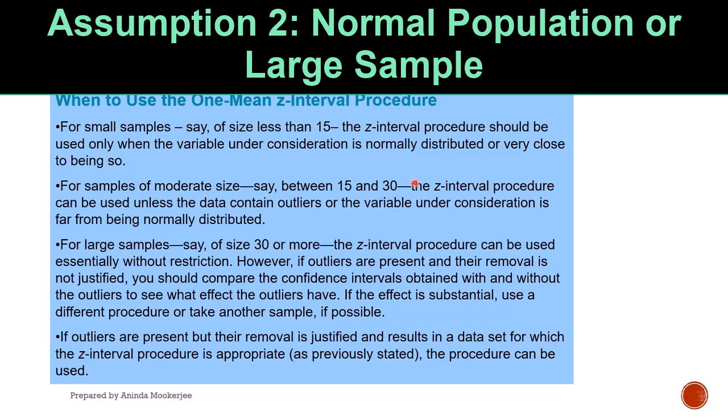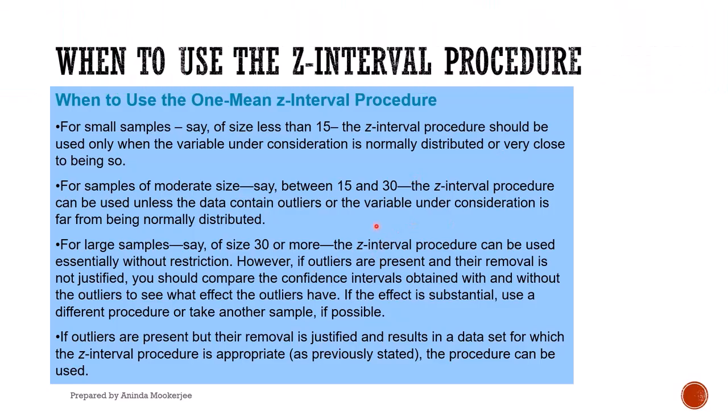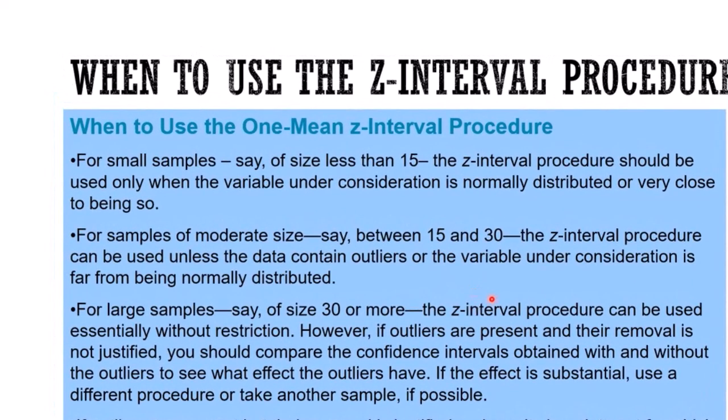What is considered to be a large sample versus a small or a not so large sample? This slide is going to explain that, so I'm going to read through it and try to understand what are the rules for sample size to be considered large enough to assume that it's going to have a normal distribution.